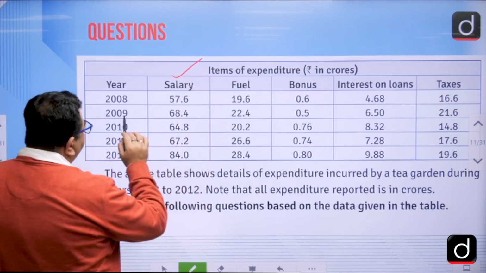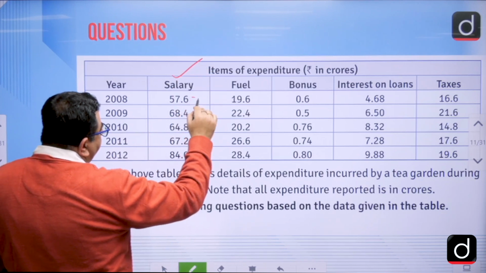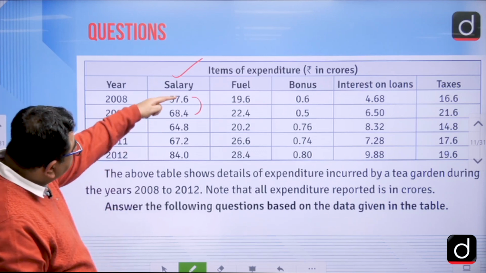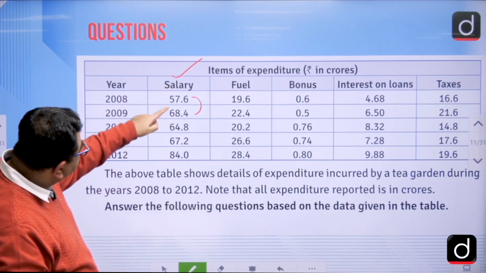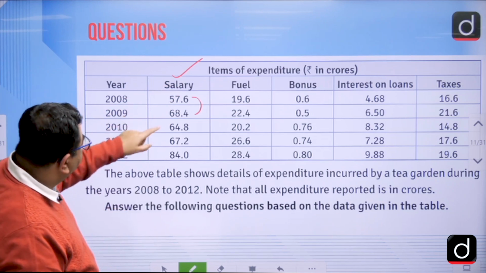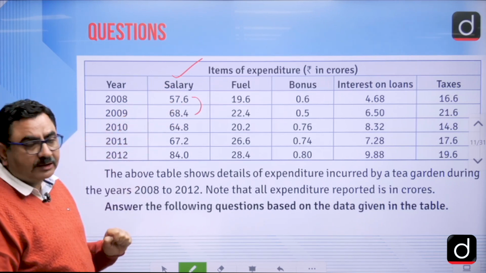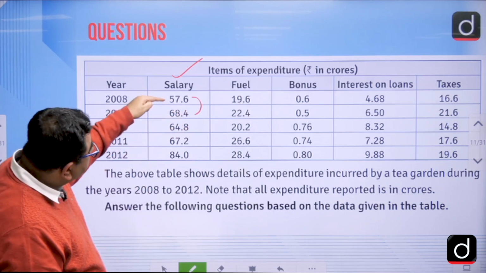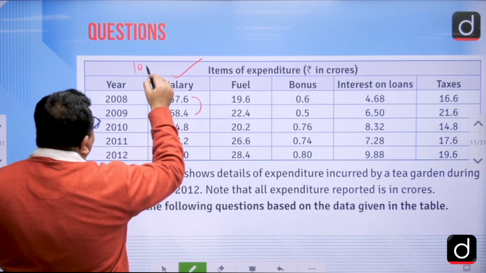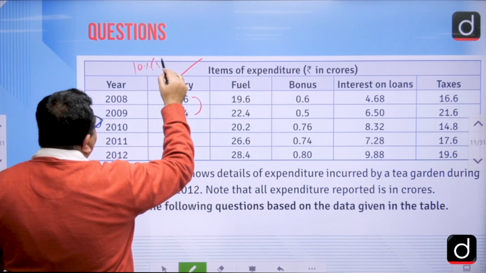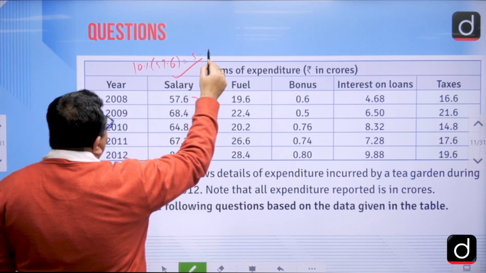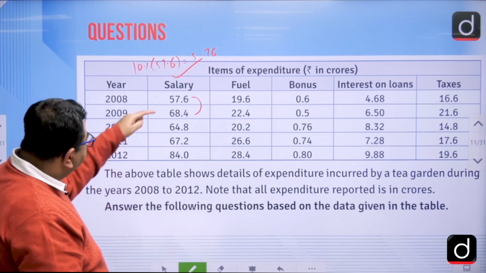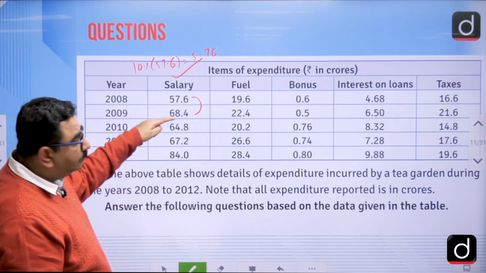Now in 2009, if I see, I have to compare in comparison to last year, right? So if it is increased by 10%, so 10% increment on 57.6. Now what is 10% of 57.6? That is just 5.76. Now if I see the difference here, that is 57.6, this is 68.4, right?